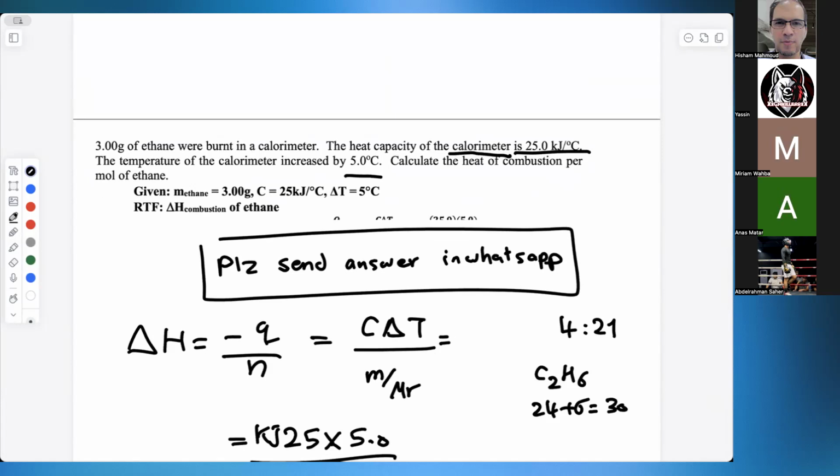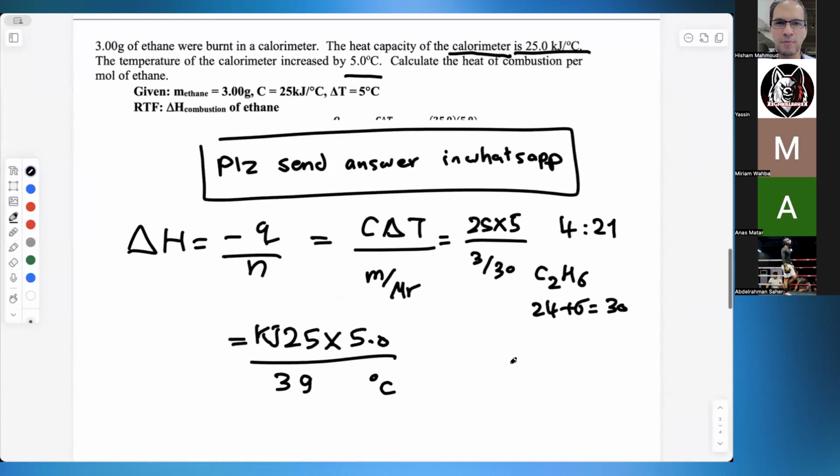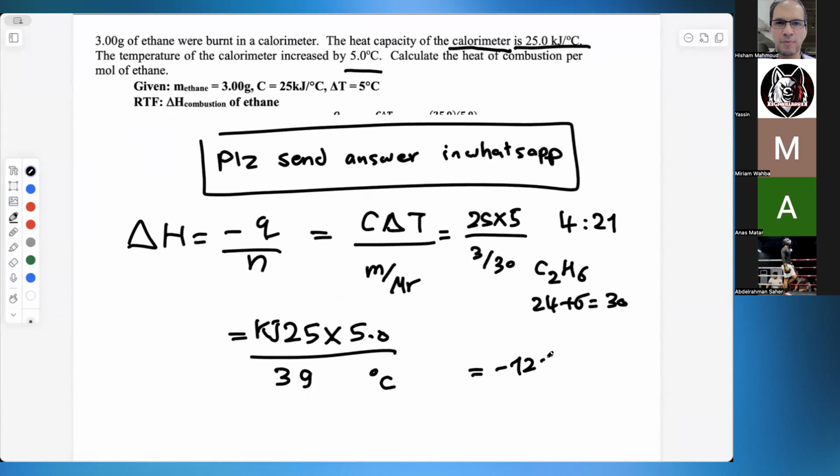So this means that I will multiply 25 by 5 and then divide by the mass, which is 3 divided by 30. So I will get exactly minus 1250. Now I multiply this by the mass over the molar mass, gram per mole.